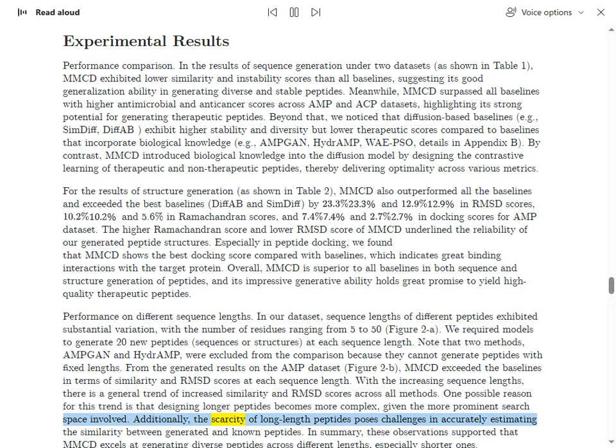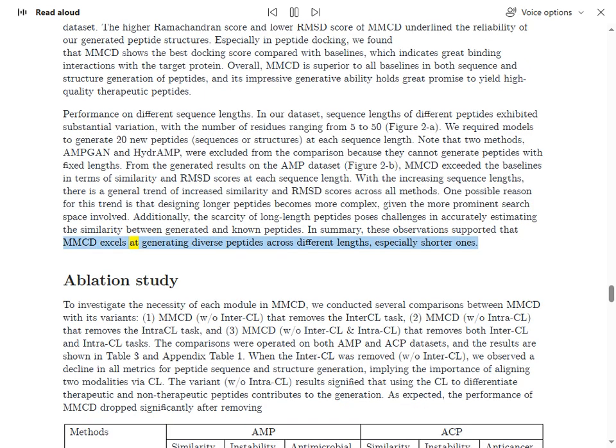Additionally, the scarcity of long-length peptides poses challenges in accurately estimating the similarity between generated and known peptides. In summary, these observations supported that MMCD excels at generating diverse peptides across different lengths, especially shorter ones.